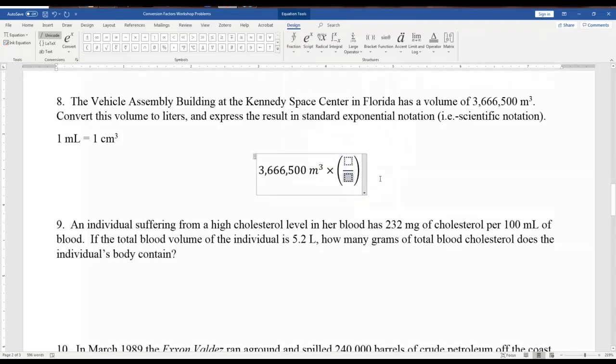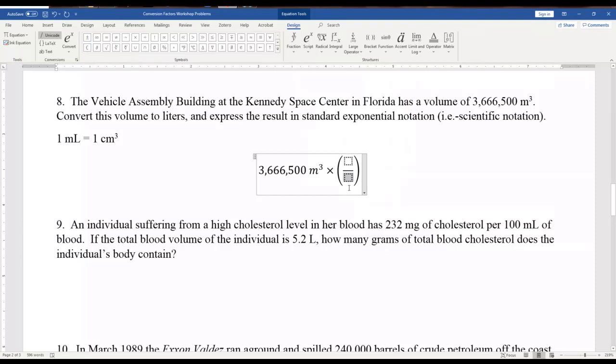Here we go. And then what unit goes on the bottom? You might think it would be meters cubed. Now, liters isn't a bad guess, but in this case, it's not going to be either one.